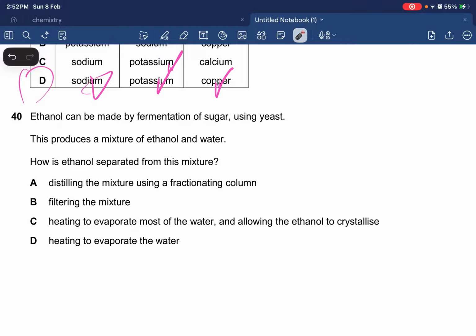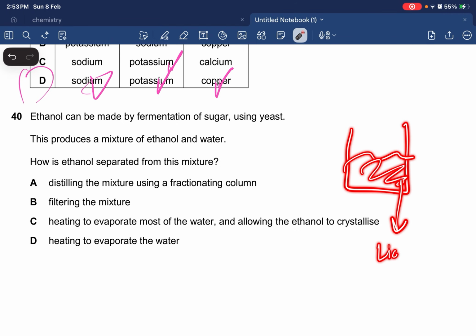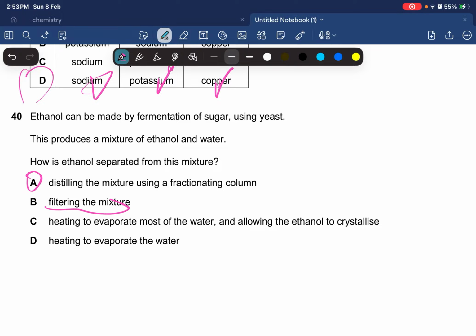How are they separated? Distillation, because they're two soluble substances mixed together. Water and ethanol are soluble, and when you have two soluble liquids, you always distill them. Where is distillation written? Distilling the mixture, yeah. Filtering? How can you filter two soluble things? Heating to evaporate? Both are going to evaporate. Nothing is going to be left behind. They're soluble. Heating, done.